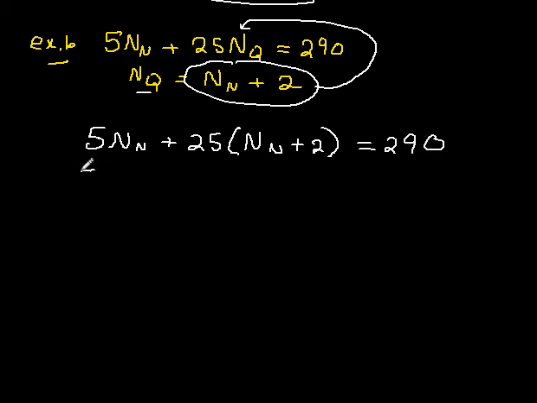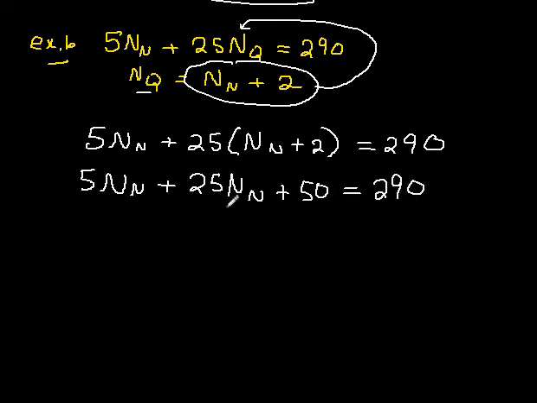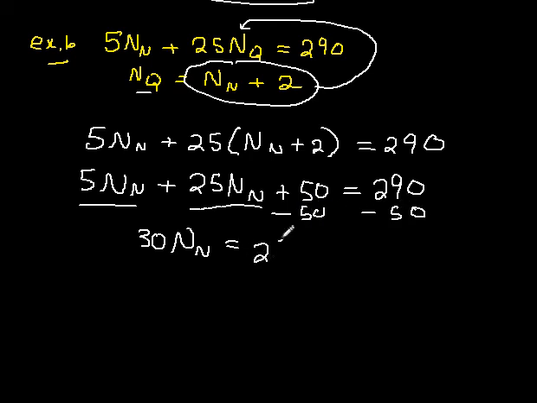We distribute: 5 number of nickels plus 25 number of nickels plus 50 equals 290. Add our n sub n because they're like terms together. We get 30 n sub n, number of nickels, and I can just subtract this 50 from both sides while I'm at it, equals 240. Divide both sides by 30. We get our number of nickels equals 8.